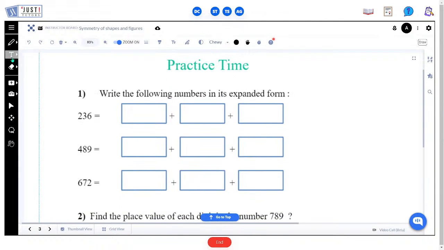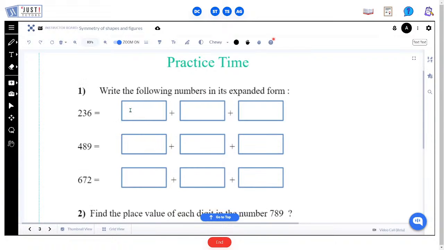So the first question, write the following number in its expanded form. So the first number over here is 236. If I try writing that in expanded form, it would be 200 add 30 add 6. So that's 236.